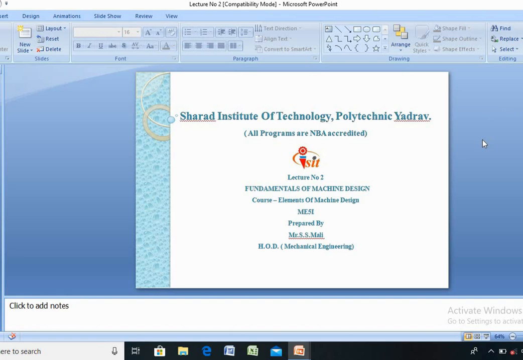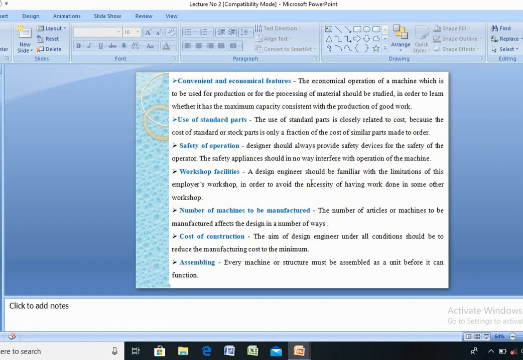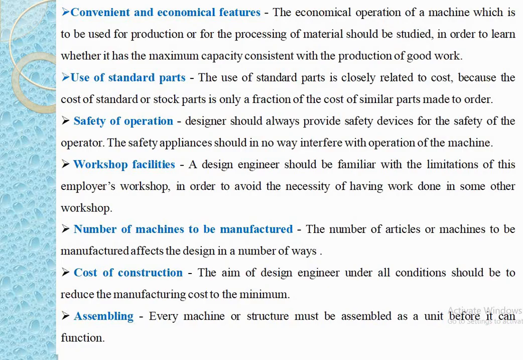The next part is the use of standard parts. The use of standard parts is closely related to cost, because the cost of standard or stock parts is only a fraction of the cost of similar parts to be ordered.